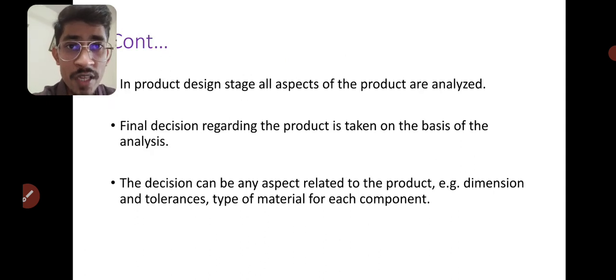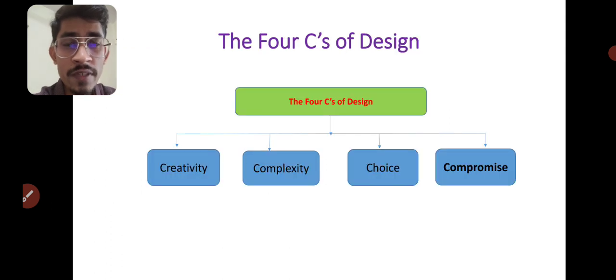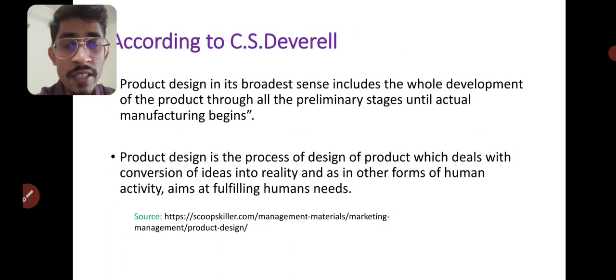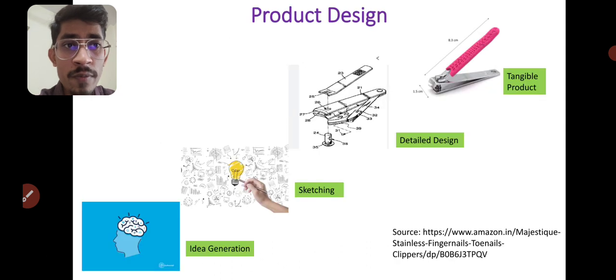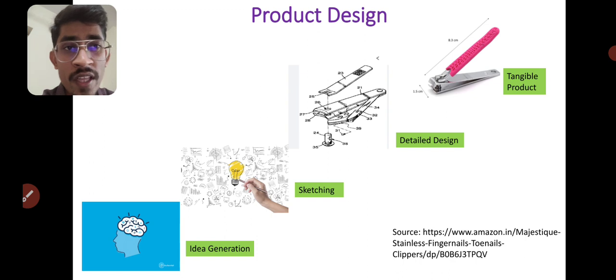And this is all about the first introductory lecture on module number 2. What we have covered till now is the product design concept, with various activities and case studies. We have defined product design by C.S. Devrel, and these are the various stages of product design. I gave you the nail cutter example and a second case study example.